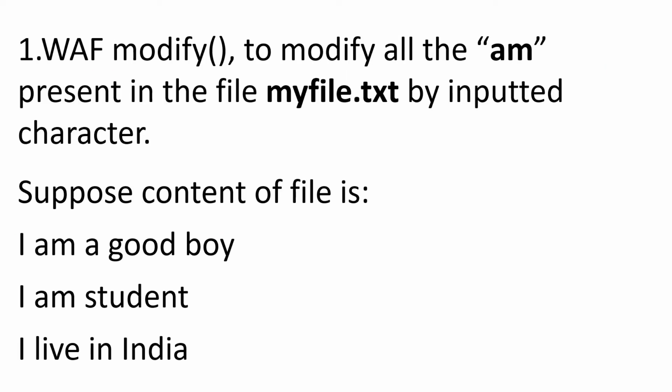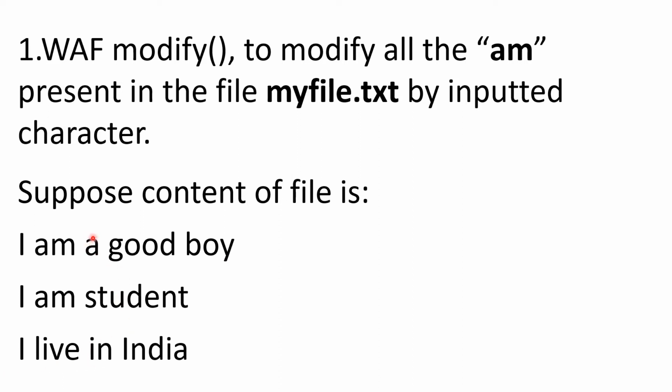The first question to understand the modification in the text file. Write a function modify to modify all the m present in the file myfile.txt by an inputted character. That means the file contains the content: I am a good boy, I am a student, I live in India.